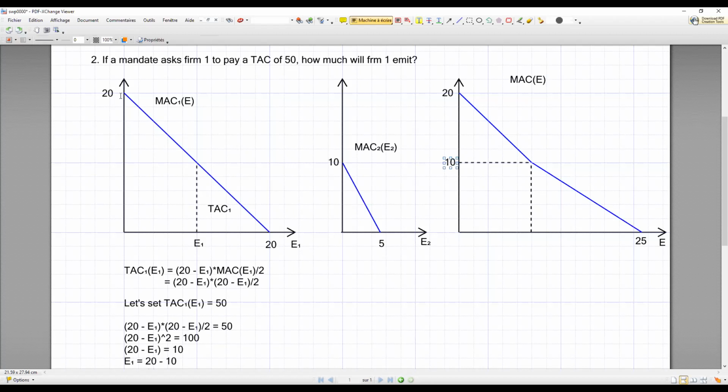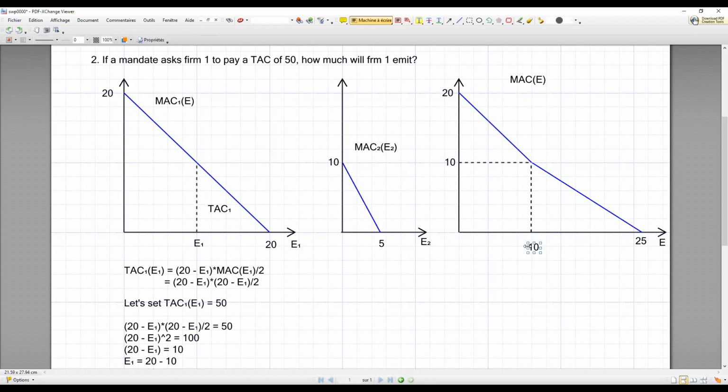Well, at 20, there's only firm 1 at a cost that high. Then when I go down, at some point I hit firm 2, which has a cost of 10. So here the kink is going to happen when firm 2 starts to abate as well, or rather starts to not abate. So yes, that's 10. And then what is this value here? 10.